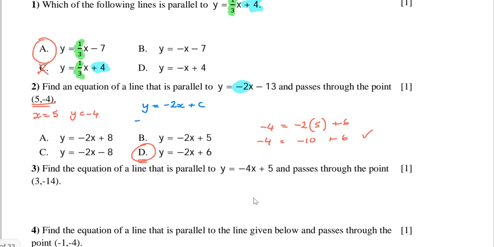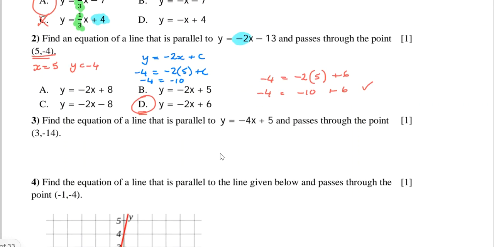So -4 is -2 times 5 plus something. So -4 is -10 plus something, so you know it's plus 6. That approach is quicker and better. Trial and error would have worked, but taken longer.